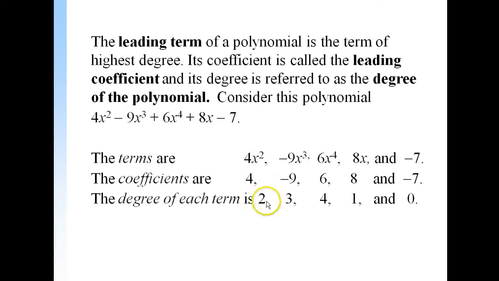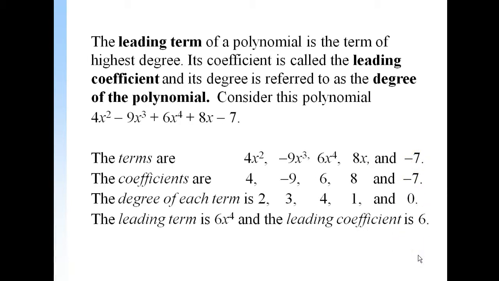But here it's 2, 3, 4, 1, and if there's no variable, it's 0 degree. So the leading coefficient was 6, and the leading term was 6x to the 4th, because this is the highest degree.